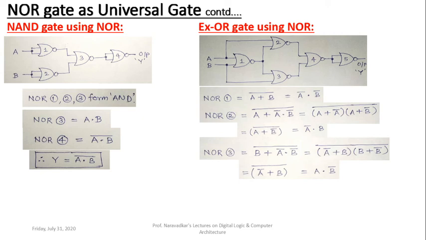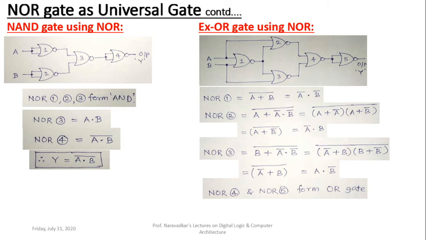NOR gate 2 equation was A bar B. NOR gate 3 equation is A B bar. And we know that these two are given as input to NOR gate number 4. But if you observe clearly, NOR gate number 4 and NOR gate number 5 are forming the OR gate.